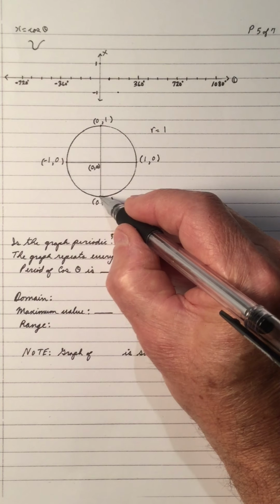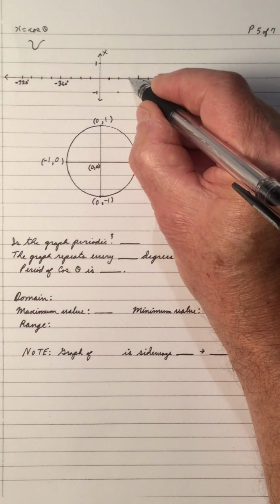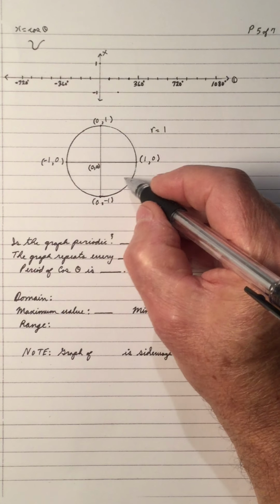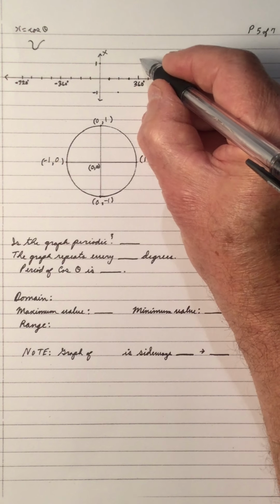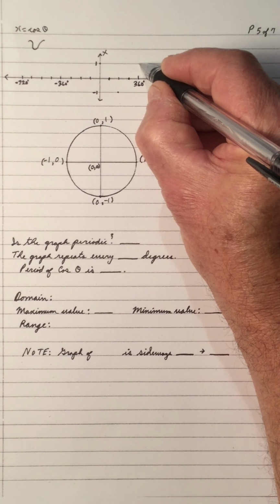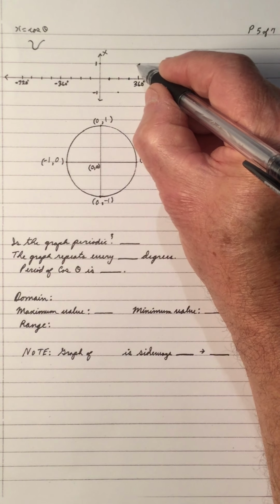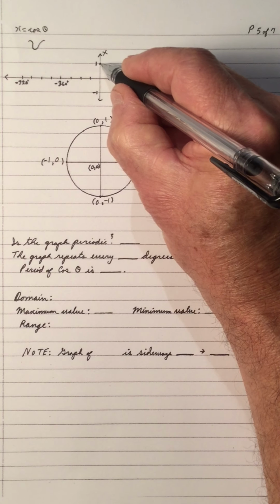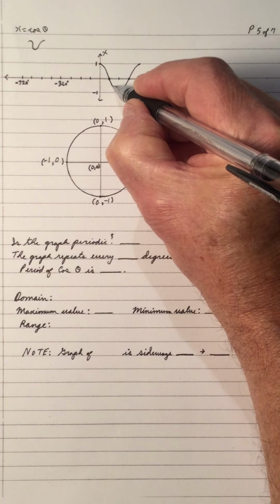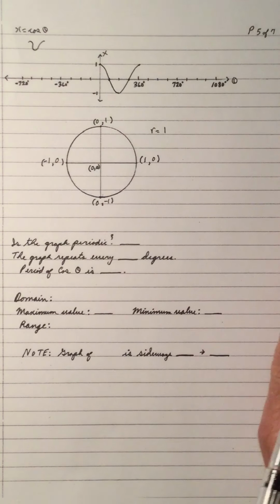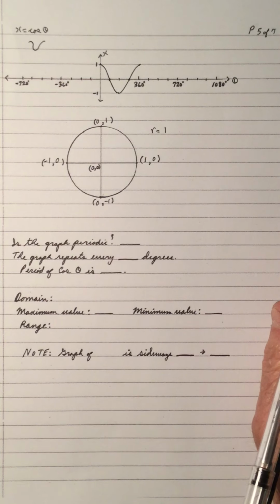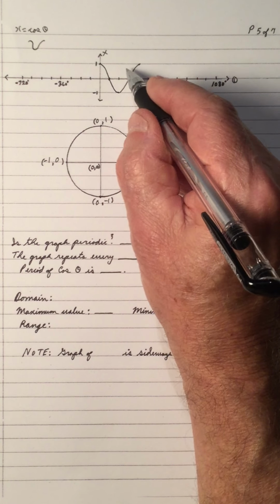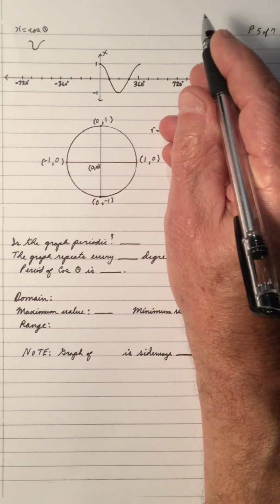And this is 270, cos is 0, back to 0. And when we get to 360, we're back to 1 again. So this is what they call one period. It's part of the cycle in a cos graph. From 0 to 360, there's one of these waves.